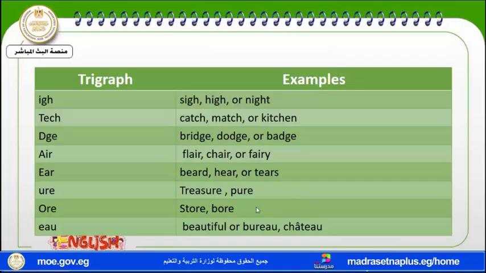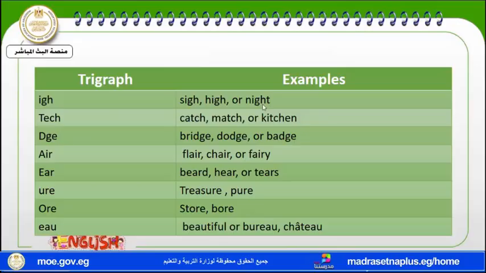Let's see now more examples of trigraph sounds, letters, and sounds in English. We have the trigraph IGH, like sigh, high, night. IGH is pronounced only as I. So we have sigh, and high, or night.